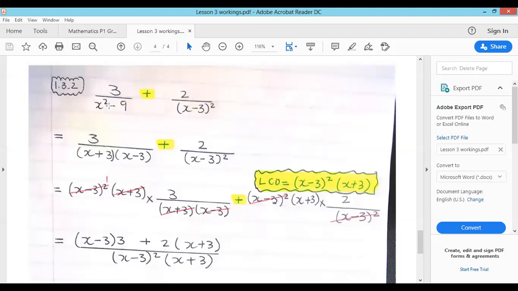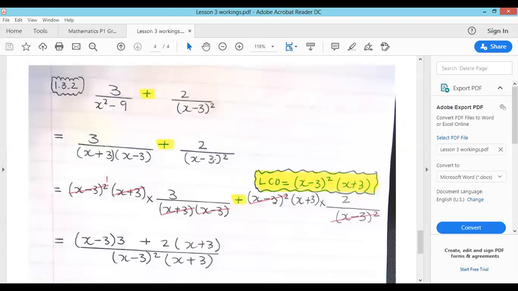Now your x squared minus 9, this is the difference of two squares, and it can be written as (x plus 3)(x minus 3). Are we okay with that? Then this one, you can expand it, guys. You can have (x minus 3)(x minus 3), because all squared means this can be repeated twice. Does it make sense?